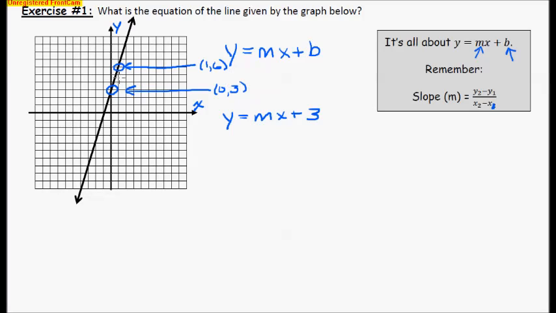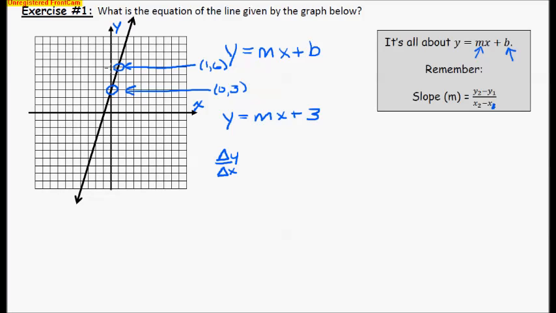Now if I just count from one point to the other, and I count my change in y over change in x, that's what slope is. Remember, it's how much we go up or down and over how much we go right or left. If I just count, how much did I go up to go from this point to this point?